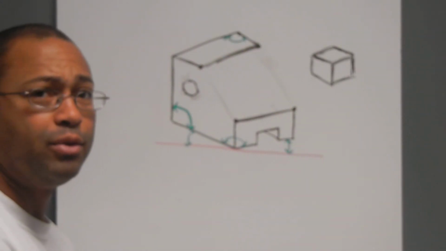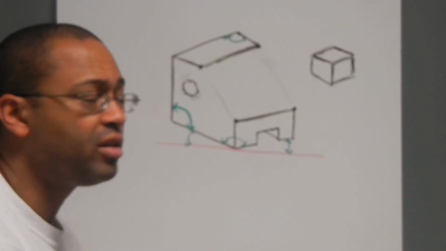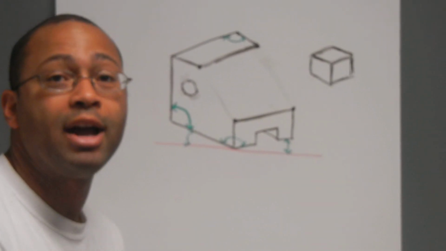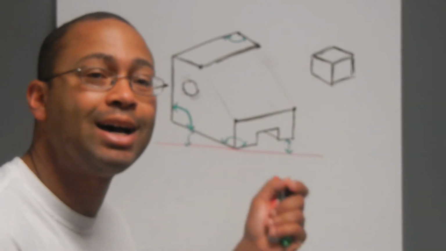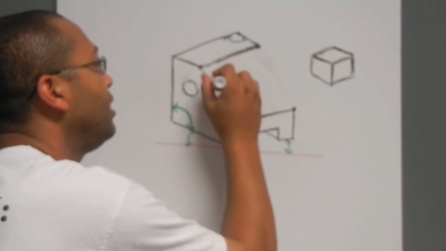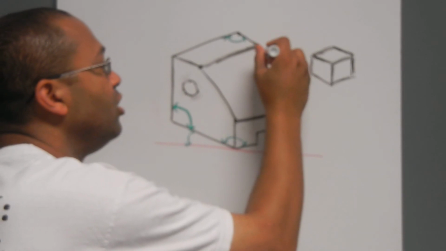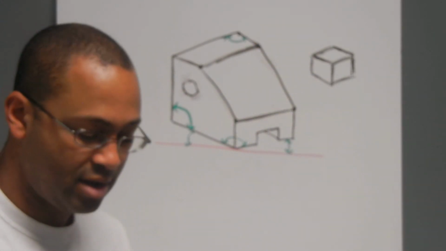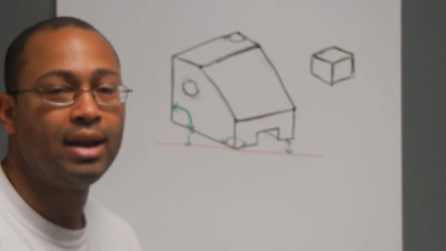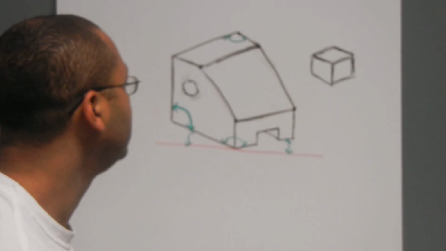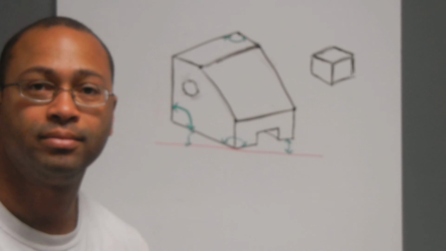So I don't know what the angle is necessarily on an isometric. I might know it on a multi-view, but a multi-view is flat. Isometric is not. So you take that endpoint and use it as a guideline to locate your endpoints and then connect them. And that's how you sketch an isometric.